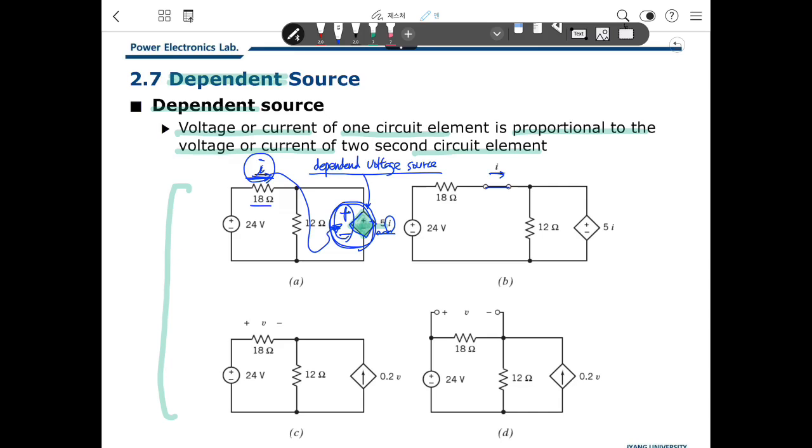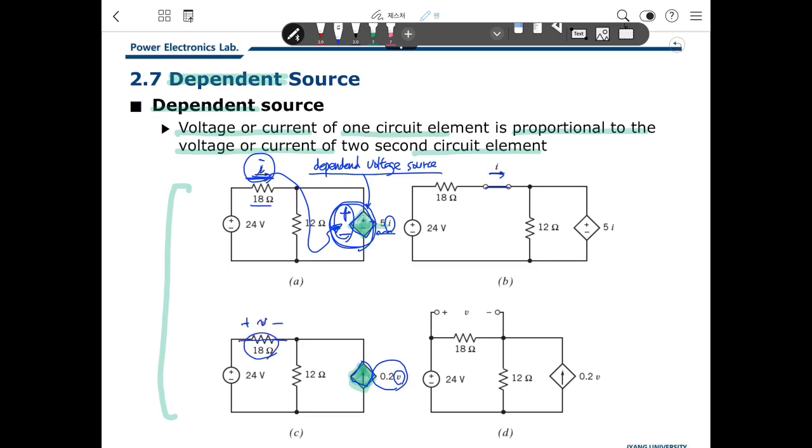This is another example of that. This is a current source because this is an arrow current source. But the value of the current generated by the source is determined by the voltage of this resistor.